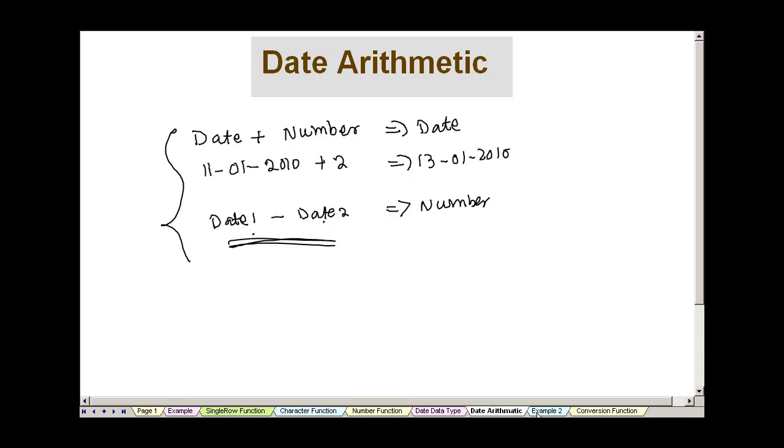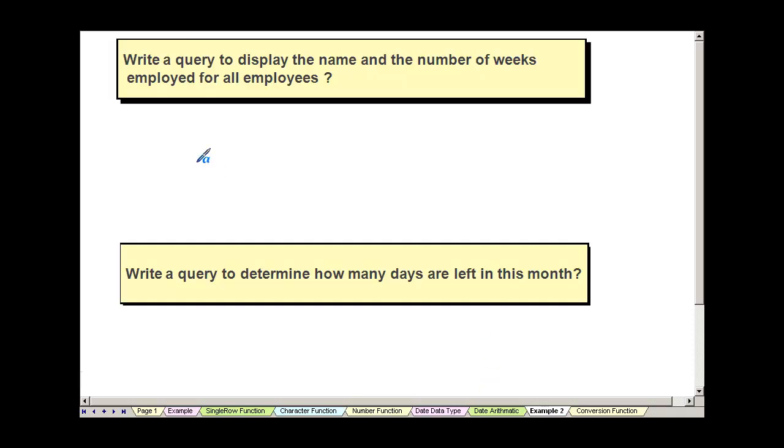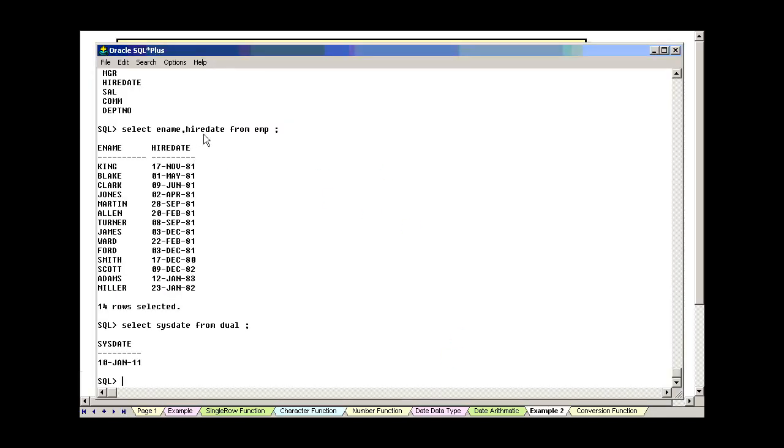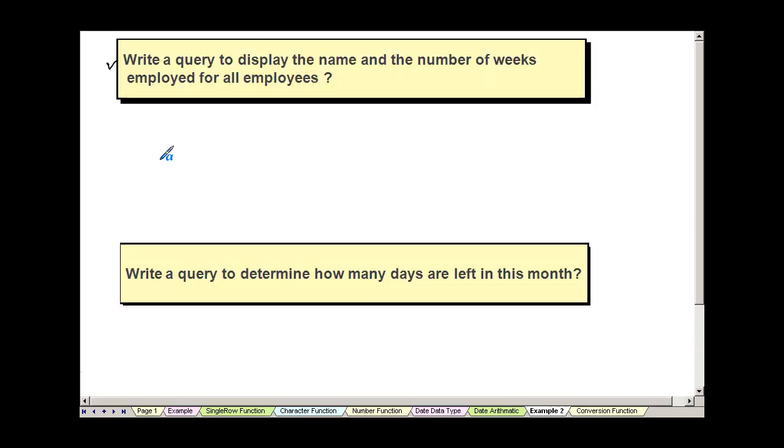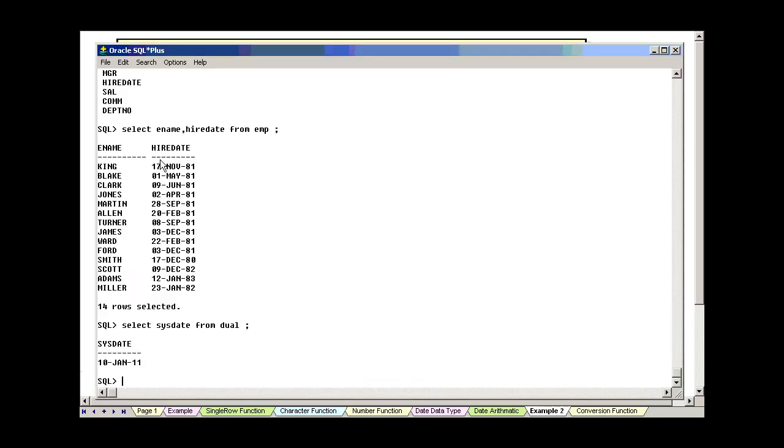Okay. So now, how do I use functions? Let's take some examples, and while we go through them, we can explain this much better. So essentially, what I am asking is this query. In the employee table we are seeing the hire date like this, right? Is it possible to find out how many weeks the employee has worked?